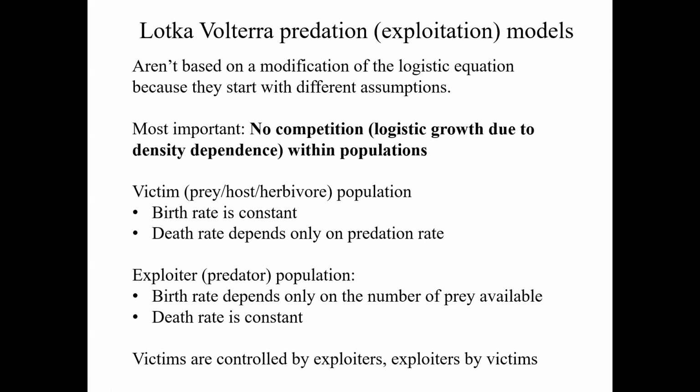So they were very, very influential, and you'll come to hate them even more than you do now. But they were the ones who started toying with this idea, trying to develop a way to predict how predation in particular would work.